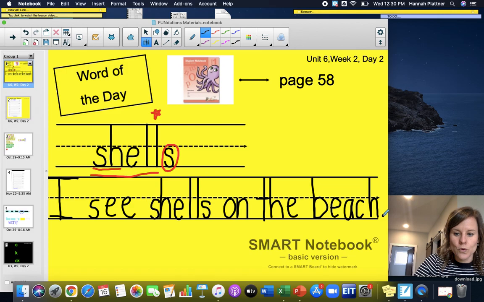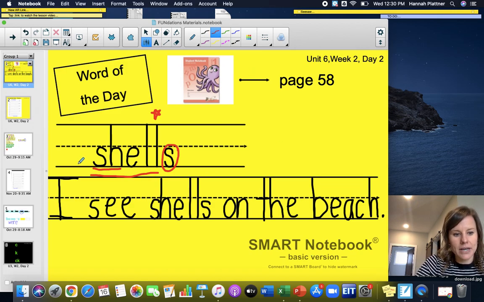You have two big handwriting lines to write your sentence on. So remember, when you come to the end of a handwriting line, if you ran out of room, you go down to the beginning of the next handwriting line if you need that extra space. And then, of course, put your period at the end. This is a telling sentence. I see shells on the beach.